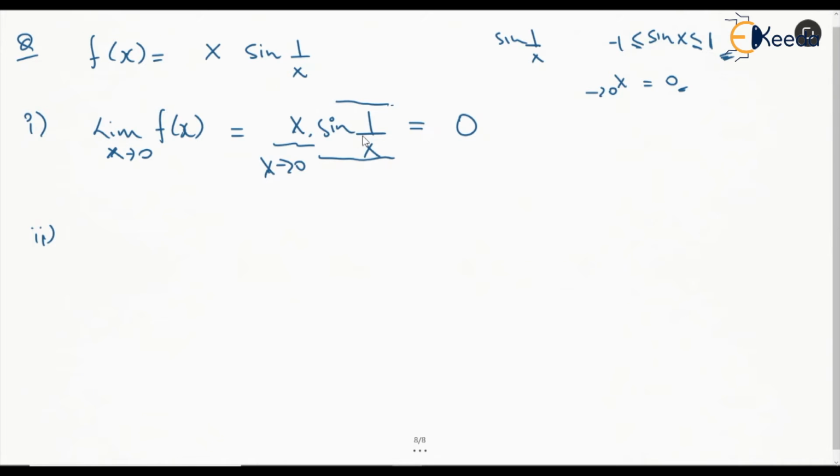Second part says, let's take that f of x is x sine 1 by x for x not equal to 0, and it is 0 for x equal to 0.